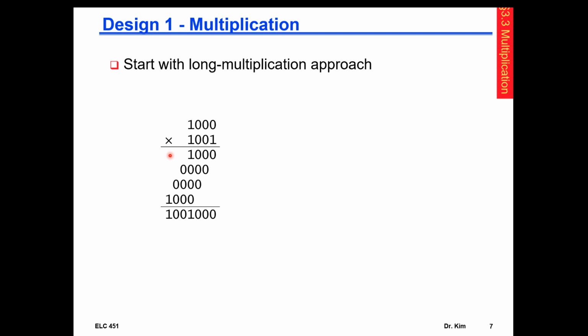Then once I have generated my partial products, I have these shifts that have occurred. Well, that's just moving the wires, in this case to the left. That doesn't even require hardware.